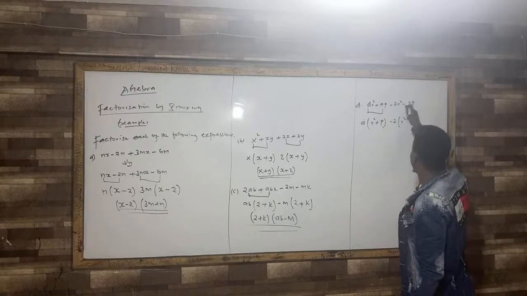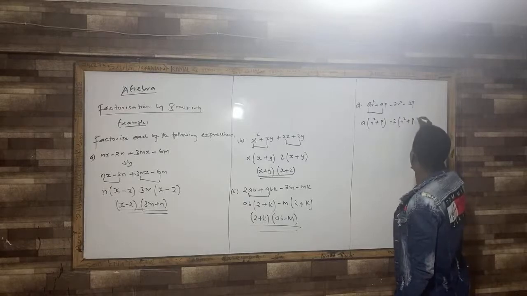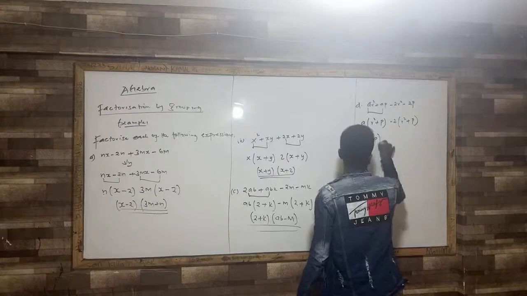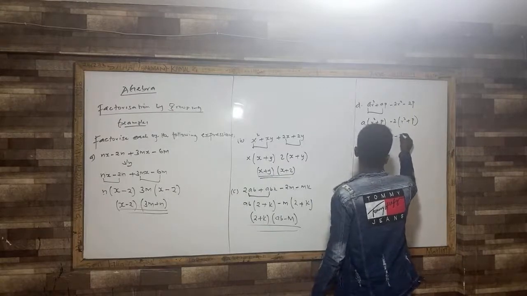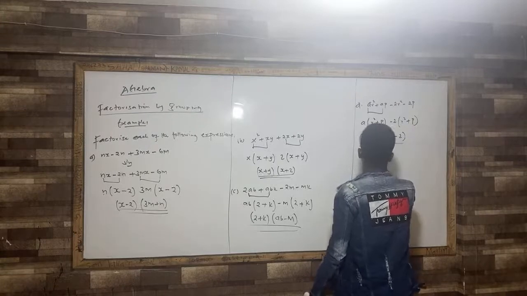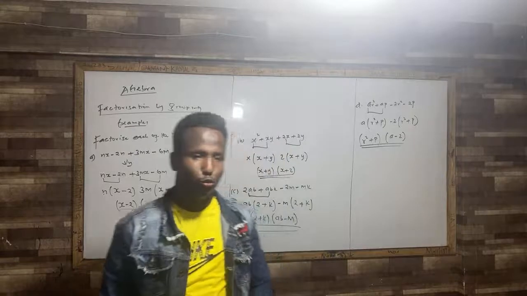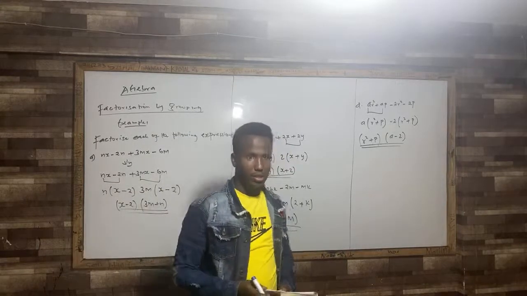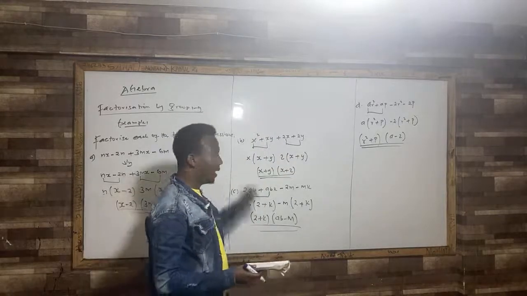Here, negative divided by negative is plus, so 2 and 2 will go, you're left with B. So you're going to say R squared plus B, times A minus 2. Final answer. Okay? This is how we are going to factorize algebraic expressions by grouping.